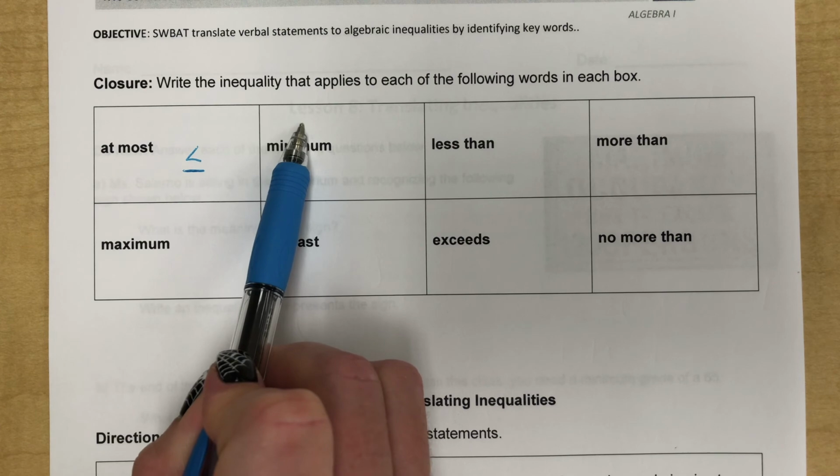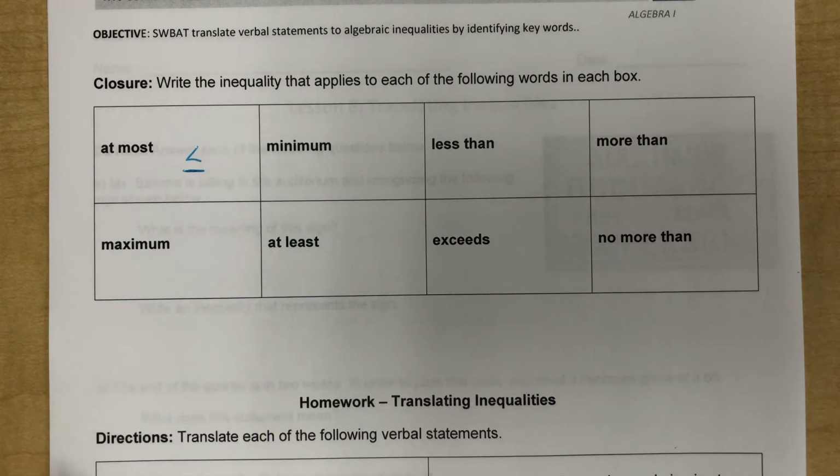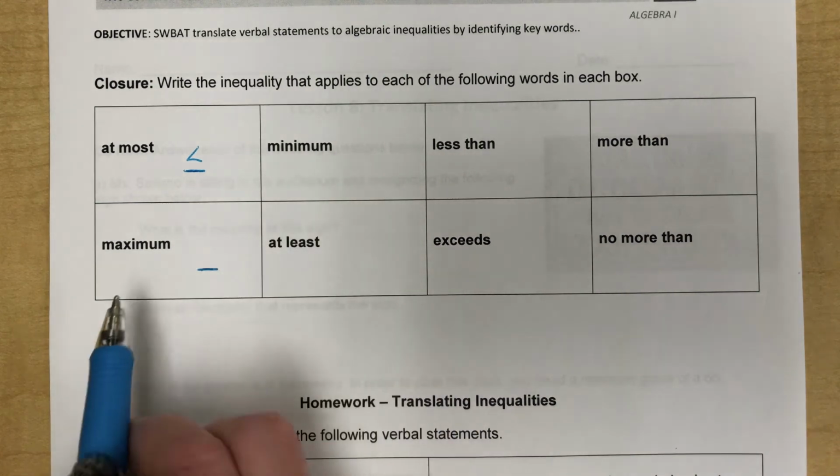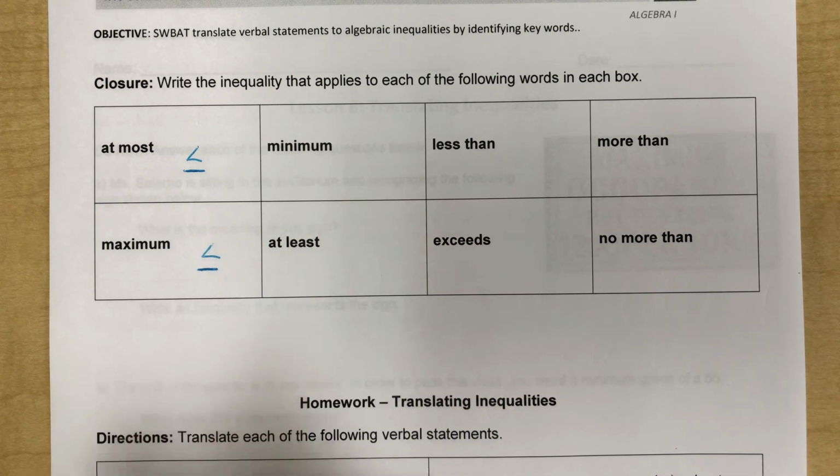Now I wanna go the opposite way for "less." Same thing here, maximum. The maximum weight that a roller coaster can hold is 500 pounds. So it can hold 500, but that's the maximum. I can't be more than 500, but I could be less than 500.